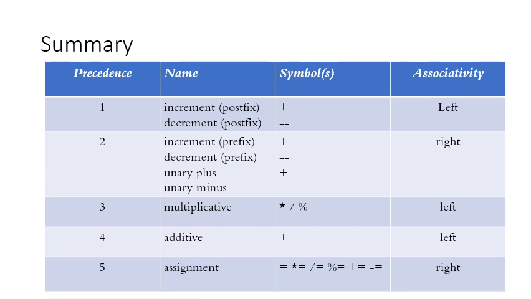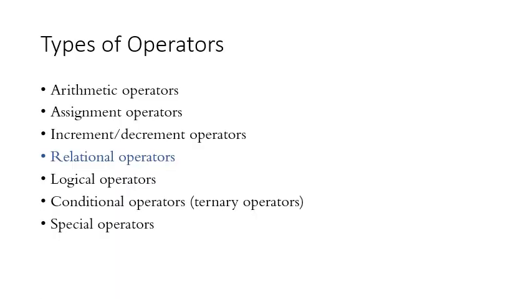So as you can see, your unary na operators are on top of the list, followed by your binary na operators. Okay, and now let's move on to the next na operator, the relational operators.